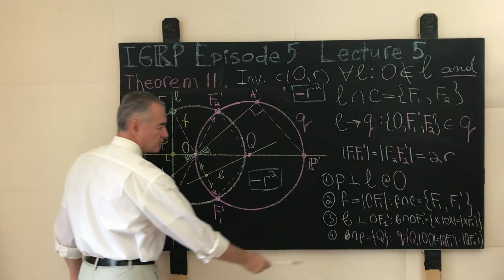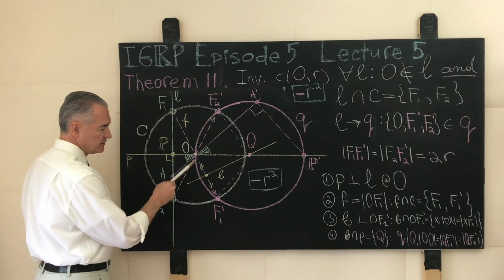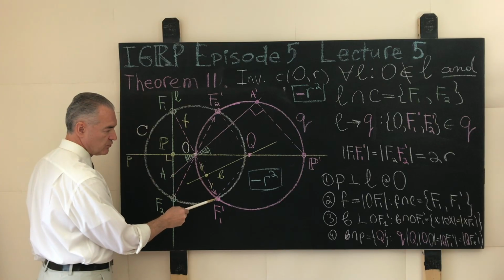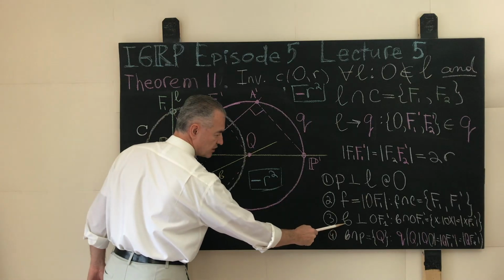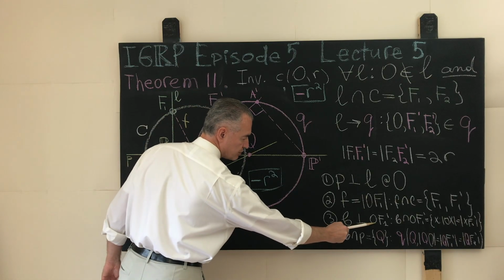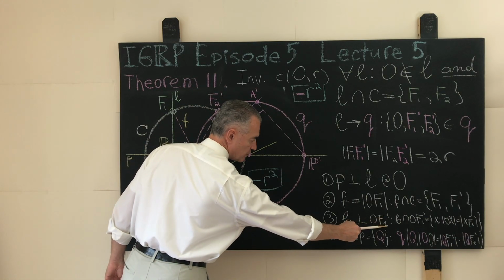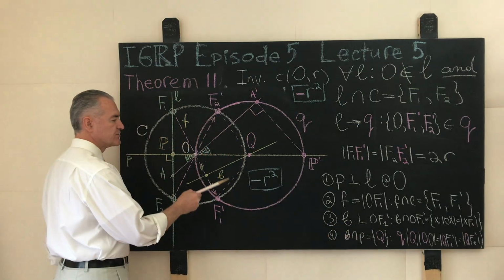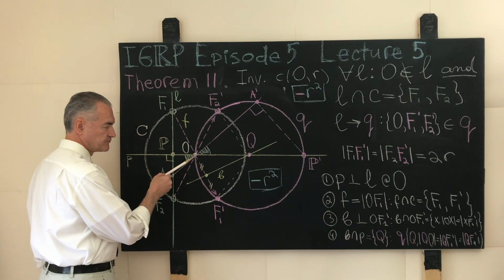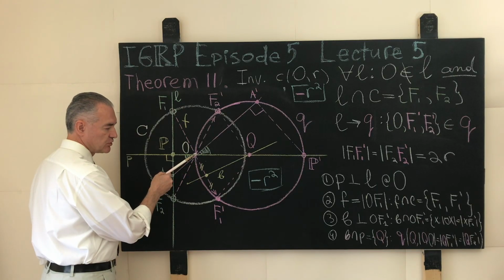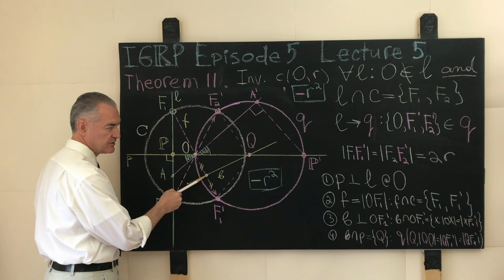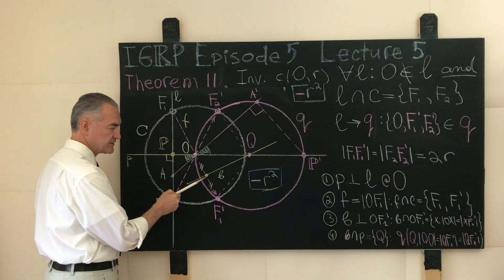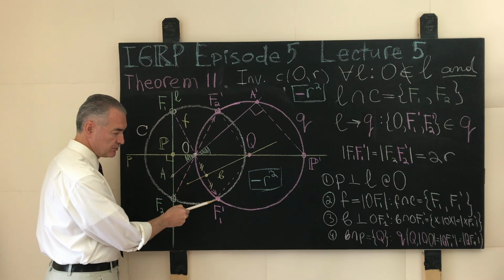And as step number 3, once we have that line segment O F prime 1, we bisect it perpendicularly with a straight line B perpendicular to the line segment O F prime 1 in such a way that the straight line B intersects the line segment O F prime 1 at a point X, such that the distance from the point X to the point O is the same as the distance from the point X to the point F prime 1.